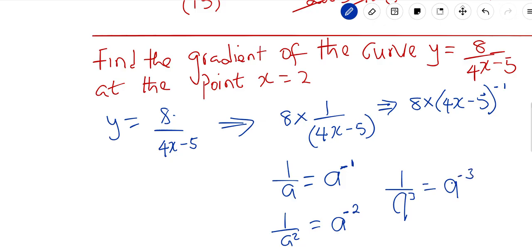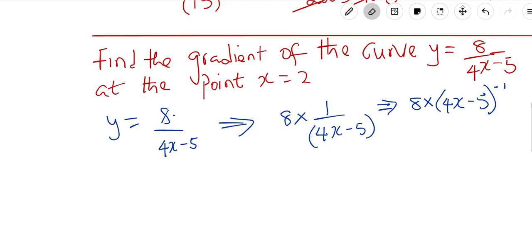This is just laws of indices. So that's just what I applied here by saying 1 over 4x minus 5 is the same thing as saying (4x minus 5) to the power of negative 1. So I've been able to transform this: y is equal to 8 into (4x minus 5) to the power of negative 1.